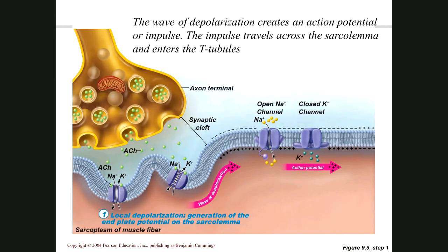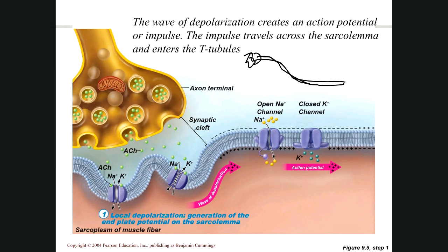So the first thing that's going to happen, let me go back, is that a nervous impulse is going to come along all the way from the body of the neuron out into the axon, and it's going to travel all the way to, let's say, the lumbar region of the body.